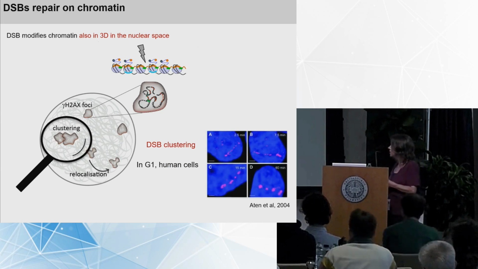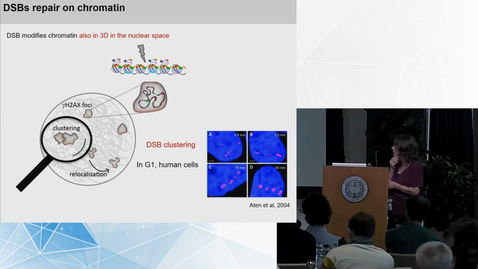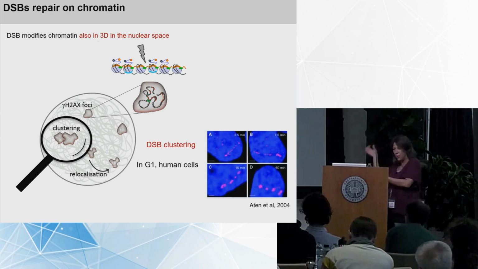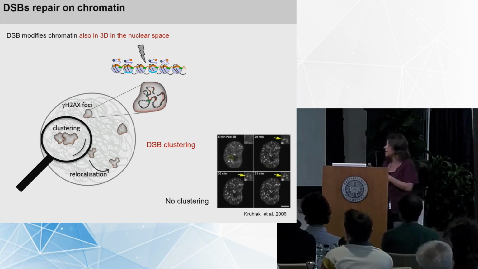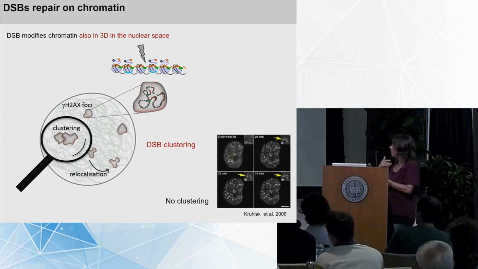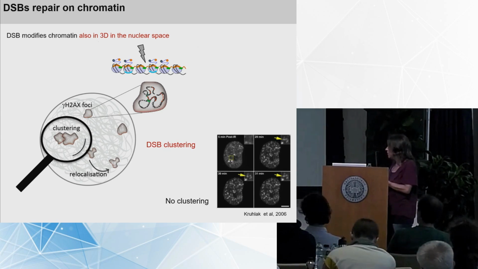For instance, a study from the lab of Renan Canard back in 2004 could see that when you do a laser stripe in G1 in human cells, then along the time, the DSBs will actually cluster together along that line. While in some other labs, they couldn't find post-irradiation the movement of those DSBs and their clustering.